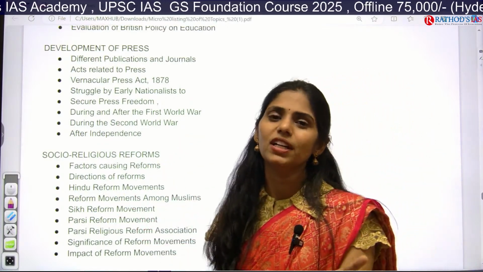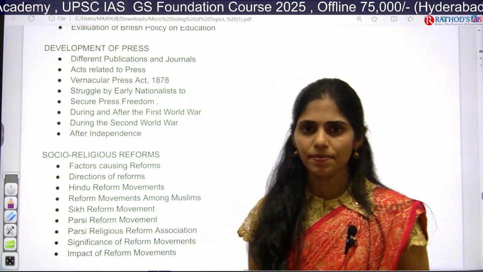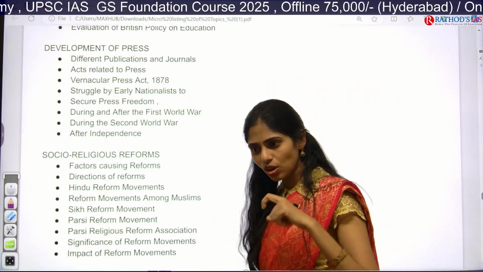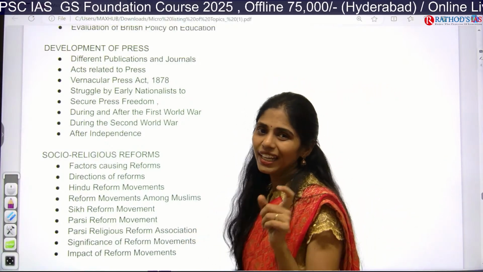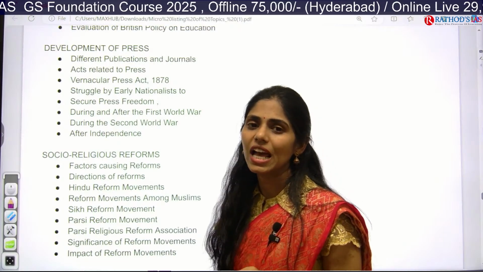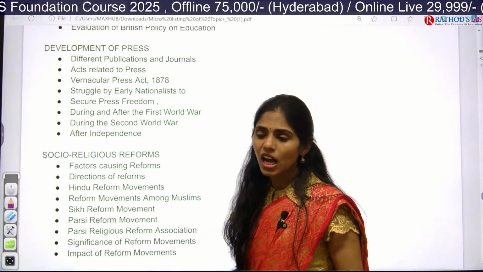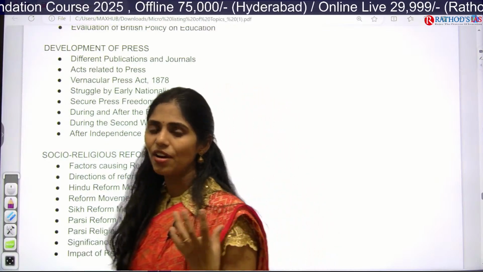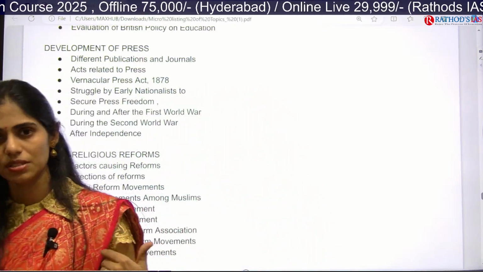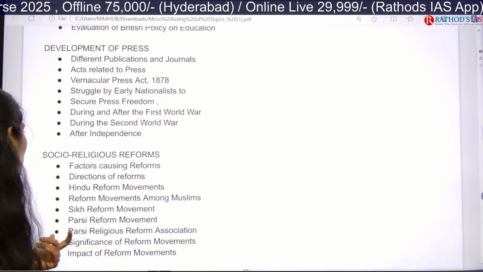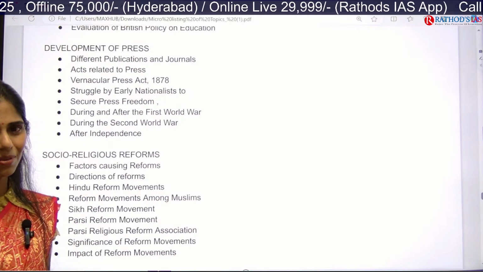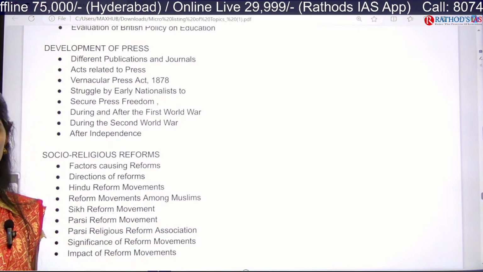So the British started controlling the press, and even this is relevant today, because in the press freedom index India has a very bad rank, and even now we do not have 100% freedom for the press in India. So you have to connect our present press with the press in the 18th century.